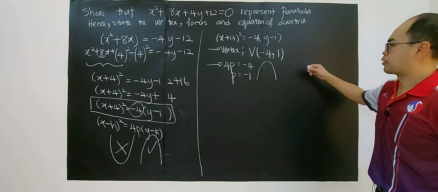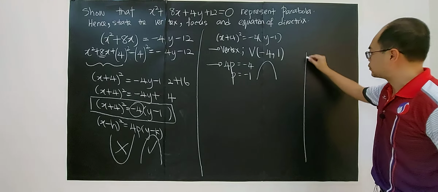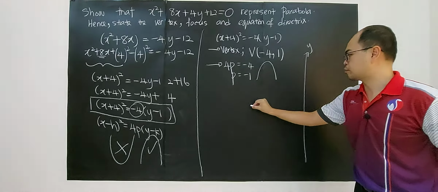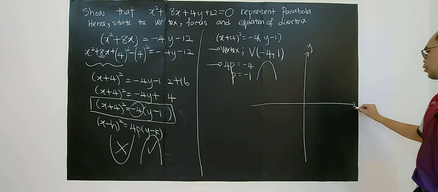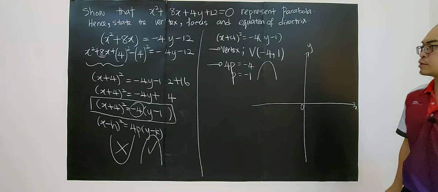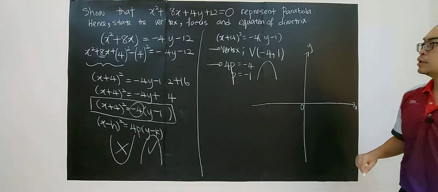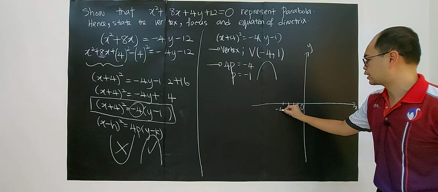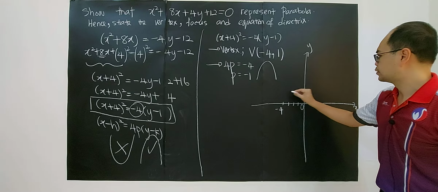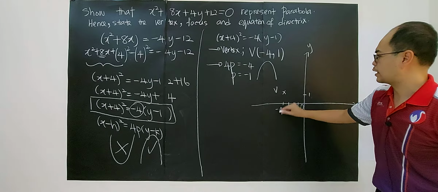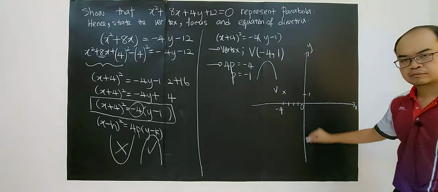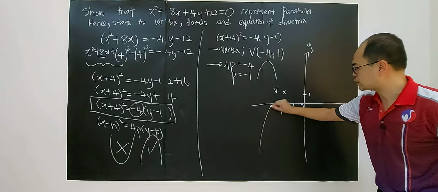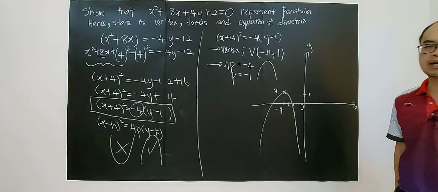So I can directly sketch the graph and let you see, then from the graph we can get all the information. The vertex, we already have. Locate the vertex at negative 4, 1. As you know, it opens downwards, so we sketch it that way.